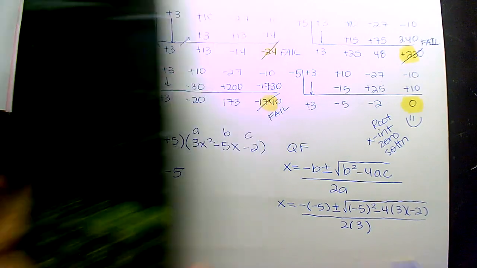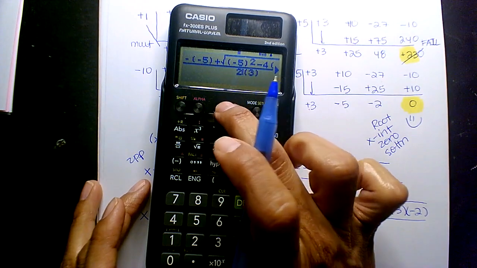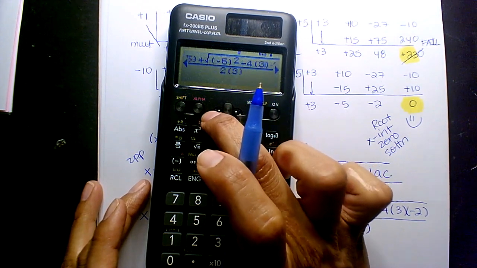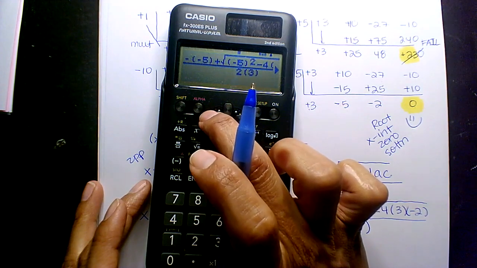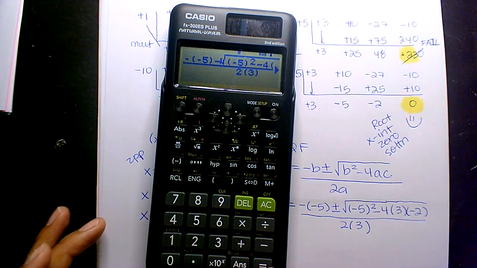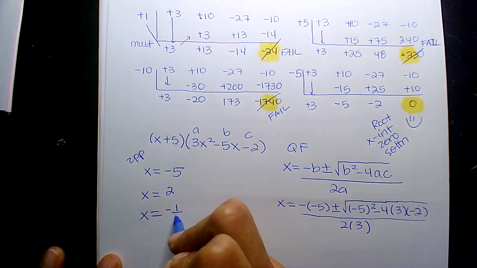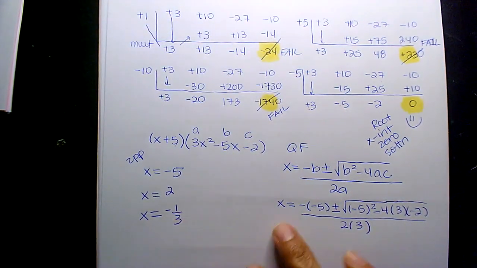I get 2. And then if I change it to a negative subtraction, plus or minus, I get -1/3. Okay, those are your 3 roots.